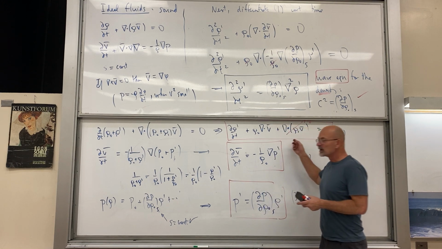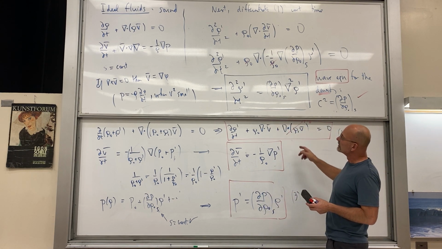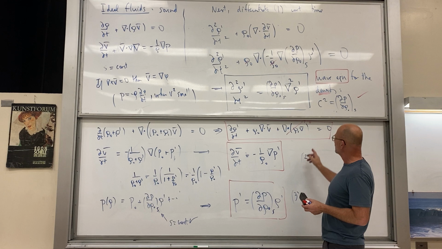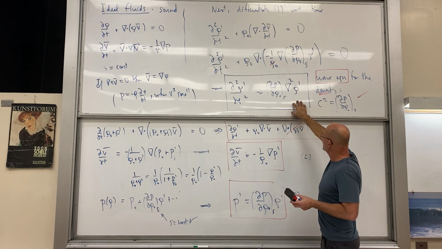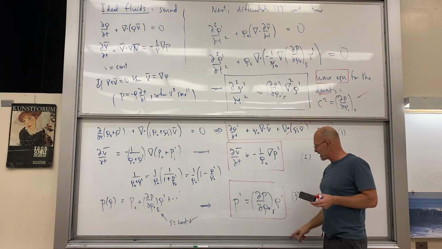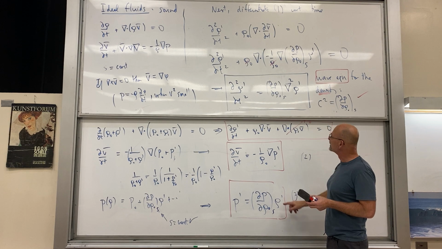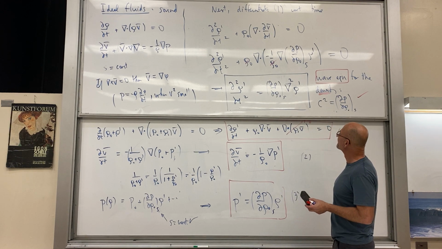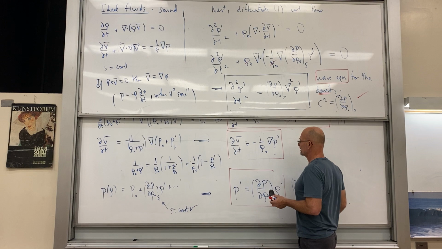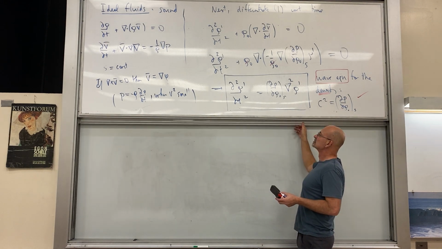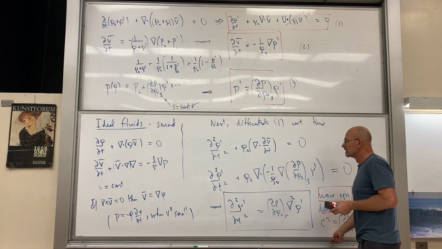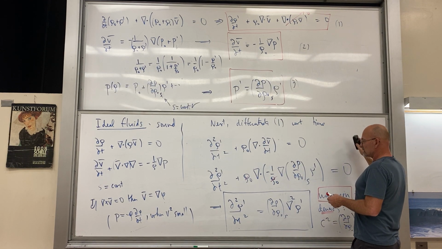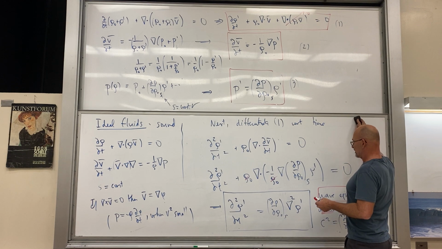Actually, good. I'm going to keep my numbered equations up there, so I'll send these back up and erase the rest of this. But yes, we have the wave equation. We could have done the same thing with p prime instead of rho prime. So we have both of those. Good, I'll erase these here.